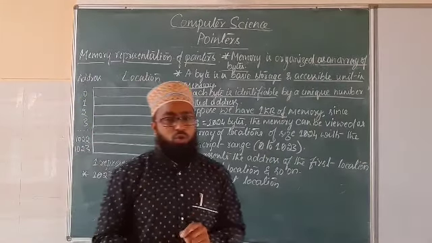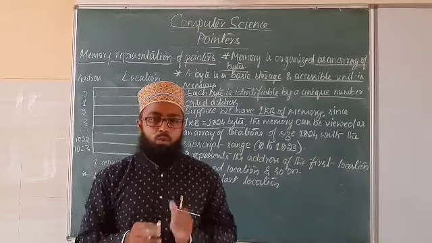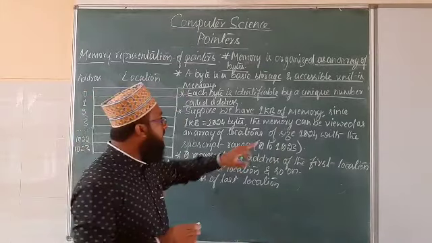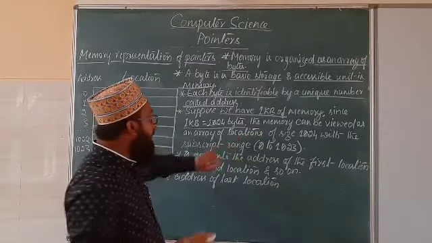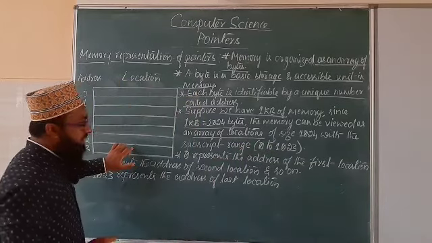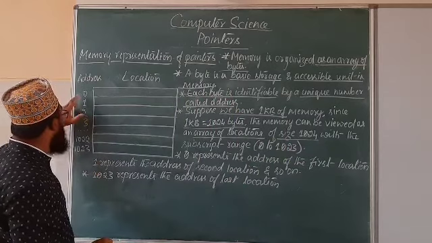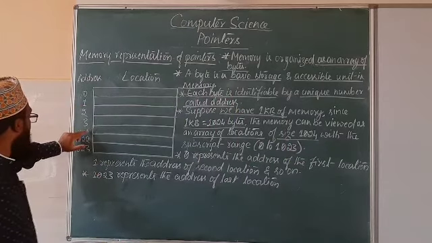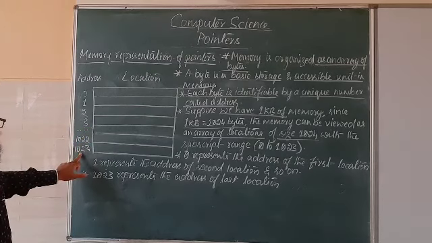Now we need to store all these 1024 bytes in memory. It can be stored as an array of locations, of size 1024: 0, 1, 2, 3, 4, and so on up to 1022 and 1023.